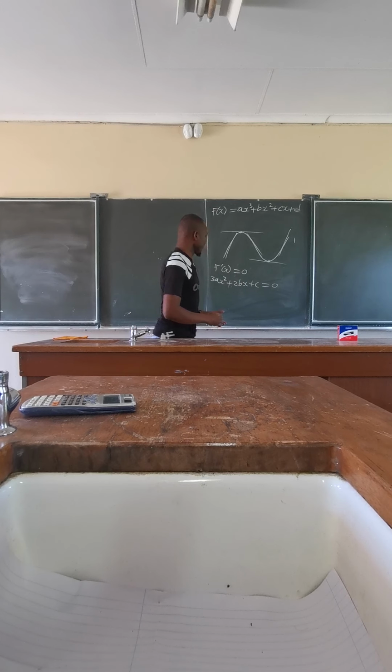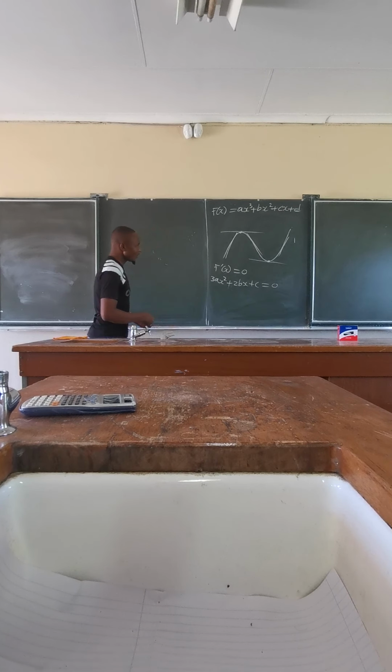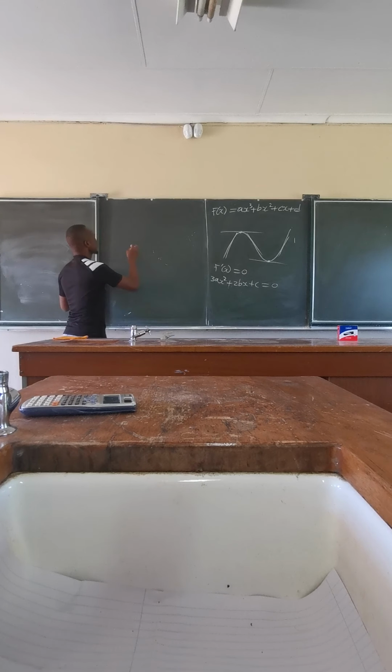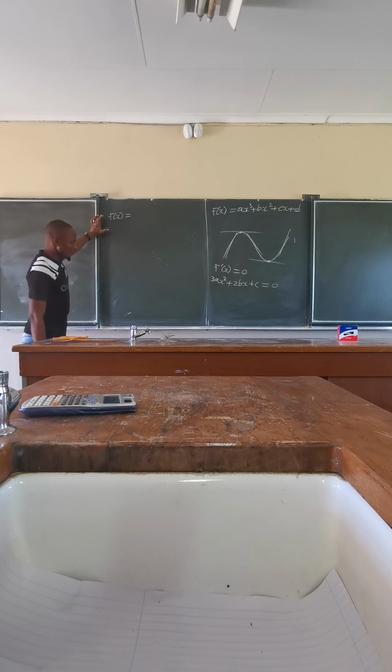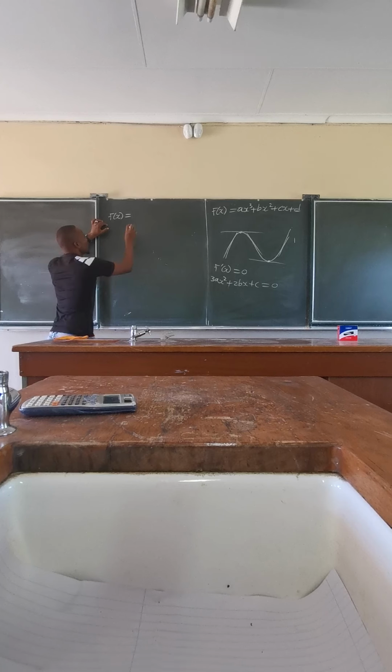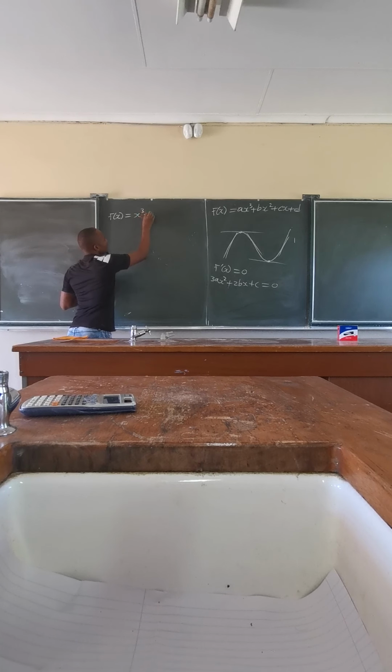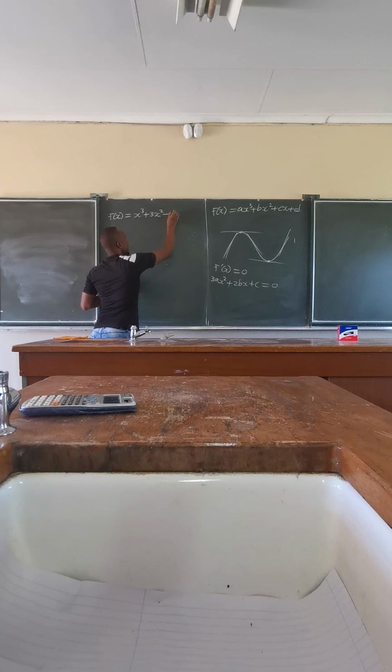Now, let's take an example so that you can see what I'm talking about. Suppose you are to sketch this graph: f of x is equal to x cubed plus 3x squared minus 9x minus 2.